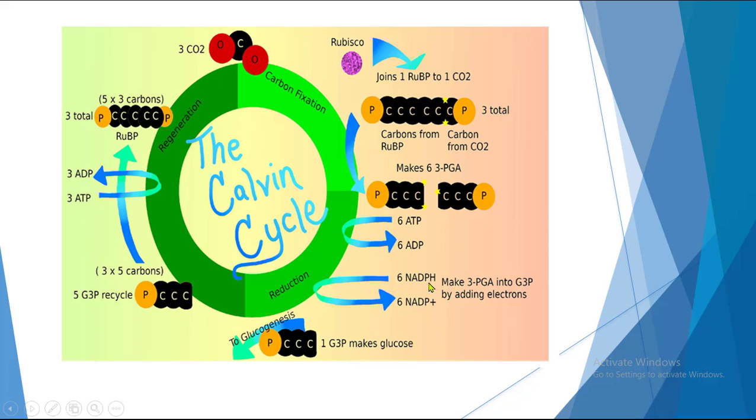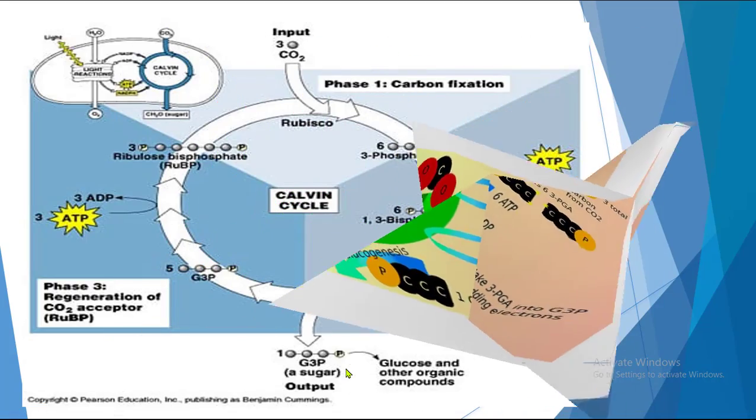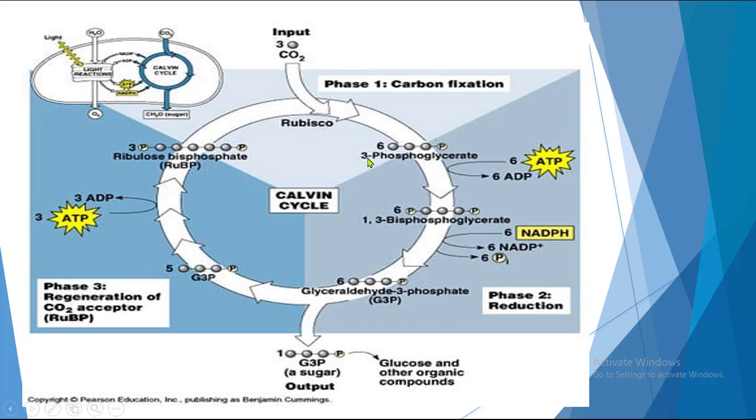ATP and NADPH, which were produced in light reactions, are utilized in dark reactions. There is a series of steps, we are missing them. If you want to learn how it works, this was the 3 carbon containing compound having 1 phosphate group, so it was named 3-phosphoglycerate.